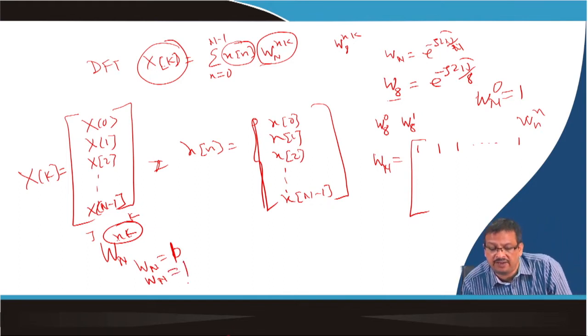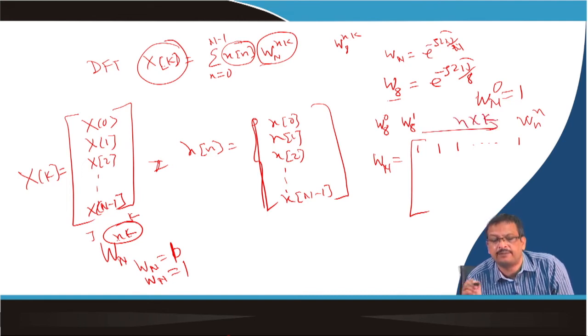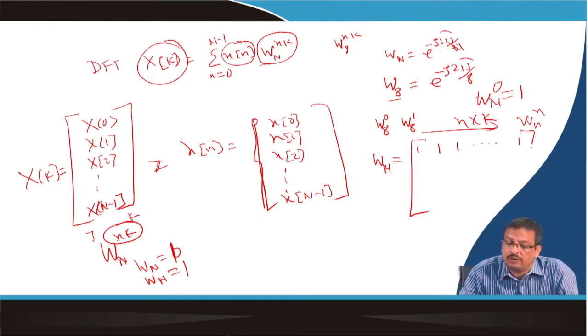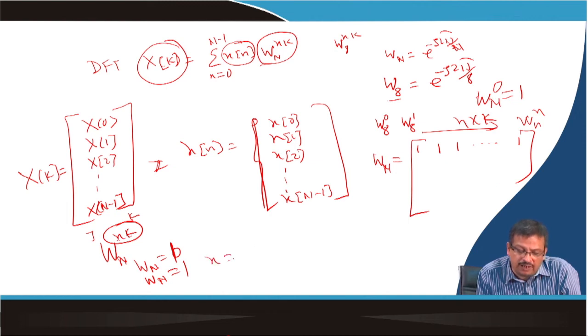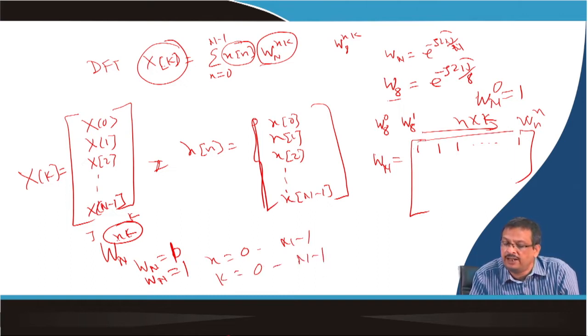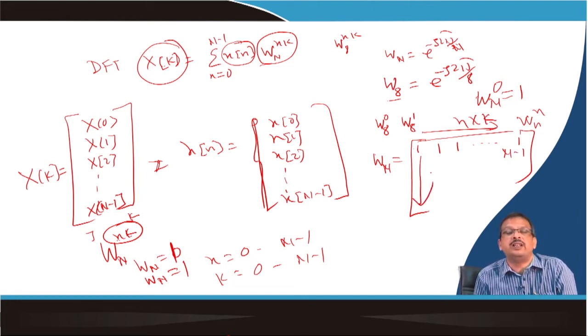So I have a matrix with direction n cross k. Both n and k vary from 0 to N minus 1, so this side I have N elements and this side also N elements.